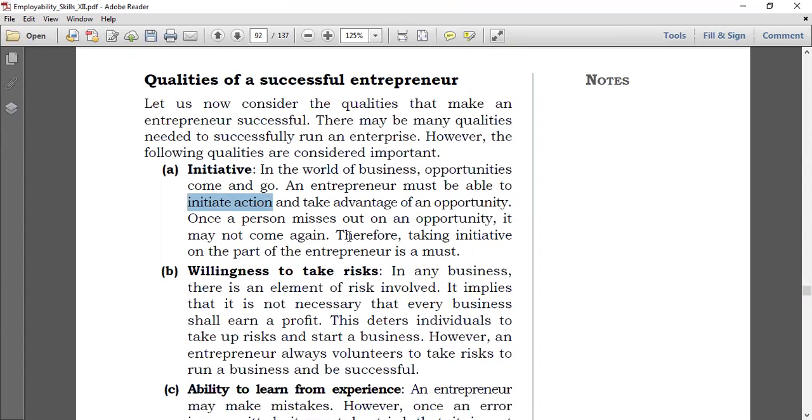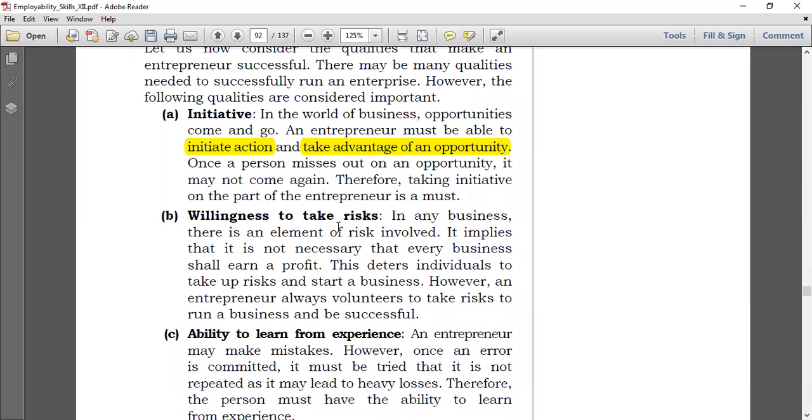They must start some action and take advantage of the opportunities. So लाइफ में जहाँ पे भी अपॉर्चुनिटी दिखी उसको अवेल करना, this is called initiative, right? Because if you miss one opportunity, that opportunity may not come again, right?